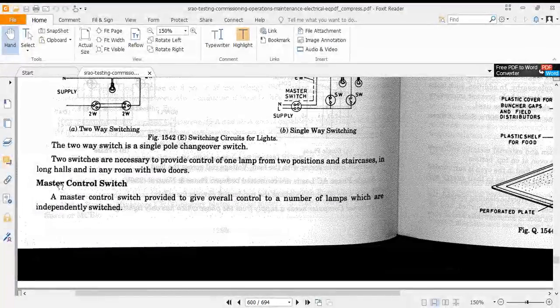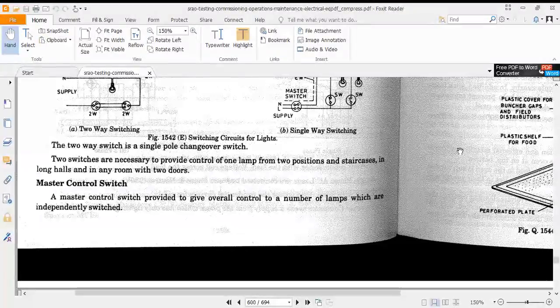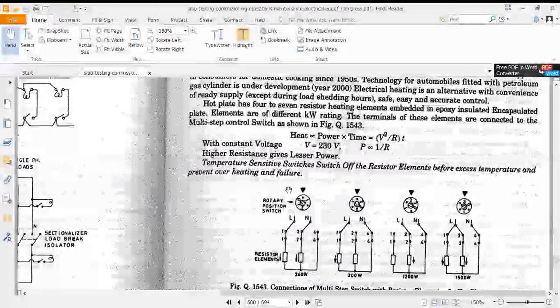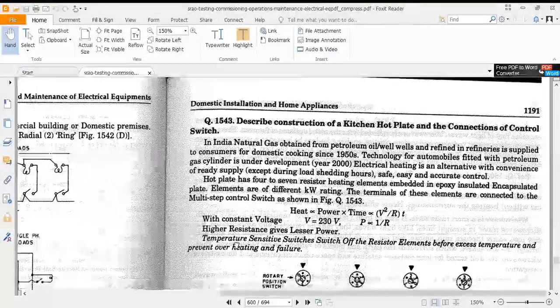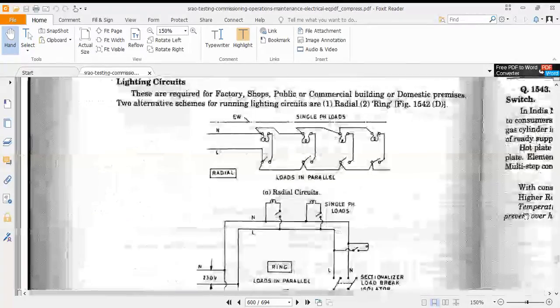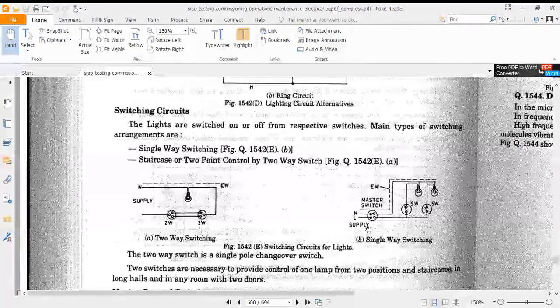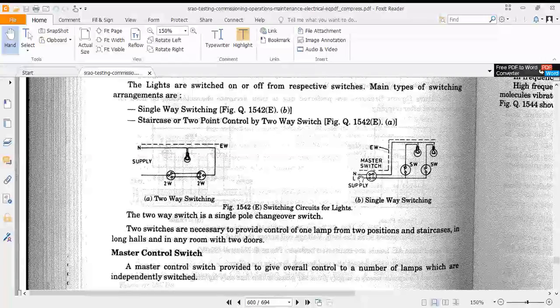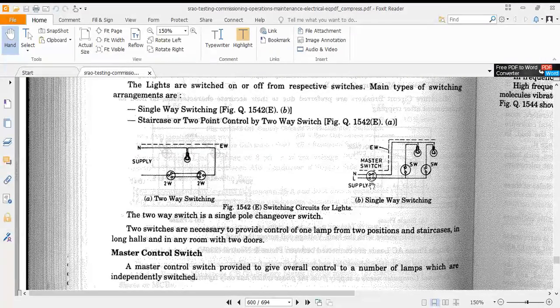Then we have the master control switch. Let's see what that is. This is the master control switch. The master control switch is near the energy meter, we can say. So if I make it off, everything will go off.